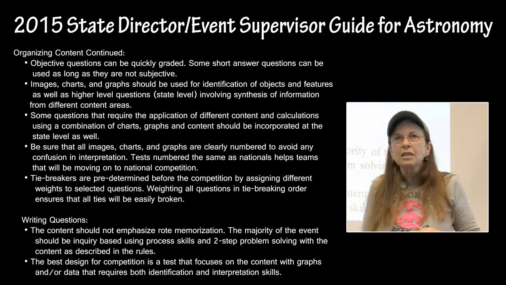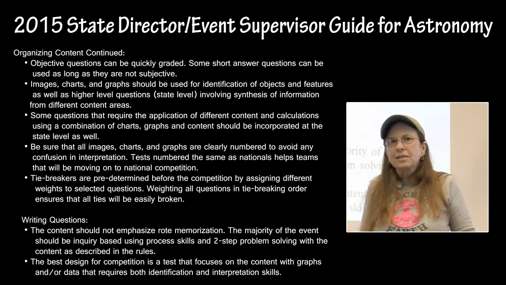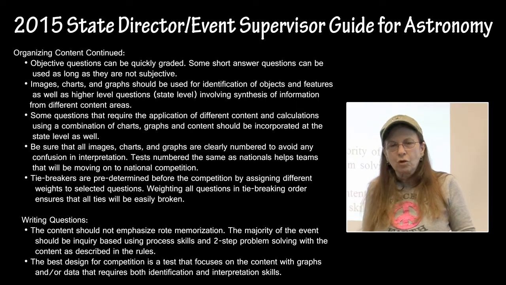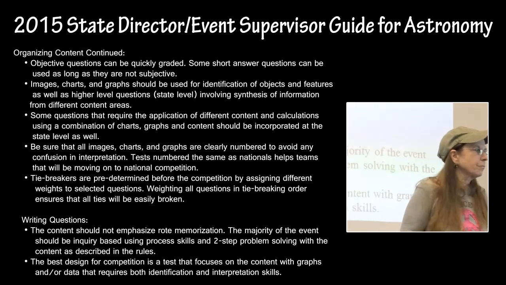So you have to really make sure they're objective, and if there's more than one answer that would fit, make sure you have that listed in the answer key so that the people correcting the event know exactly what to call correct and exactly what is not correct.